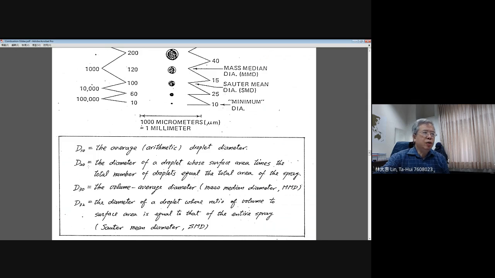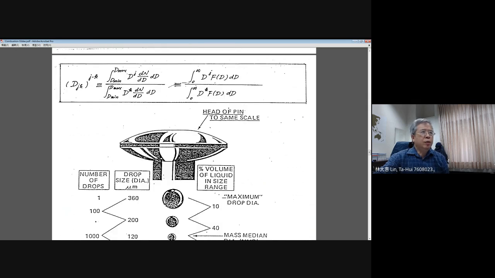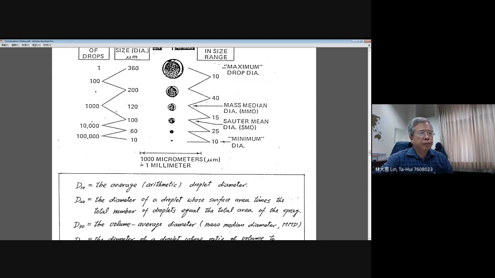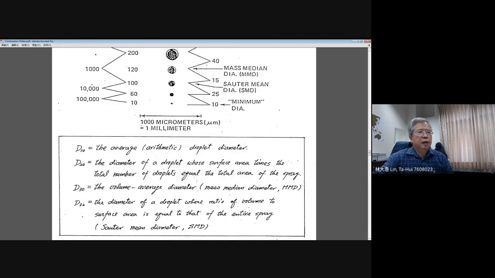Okay, now you change to D20. For D20, J equals 2, the numerator calculates the total surface area of your droplets divided by the total number. That means you will have the average surface area.